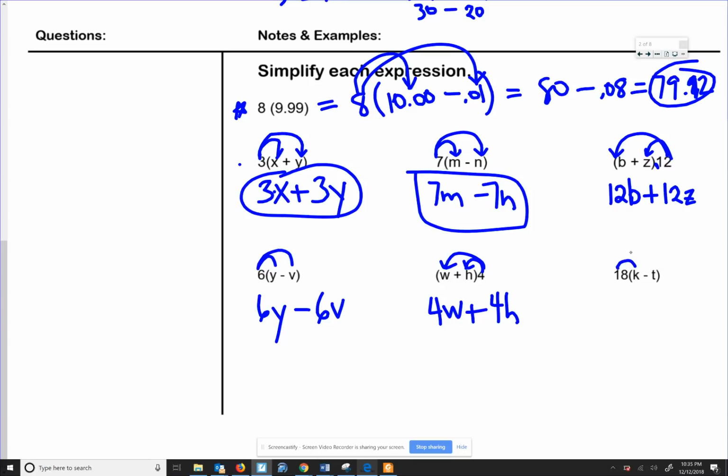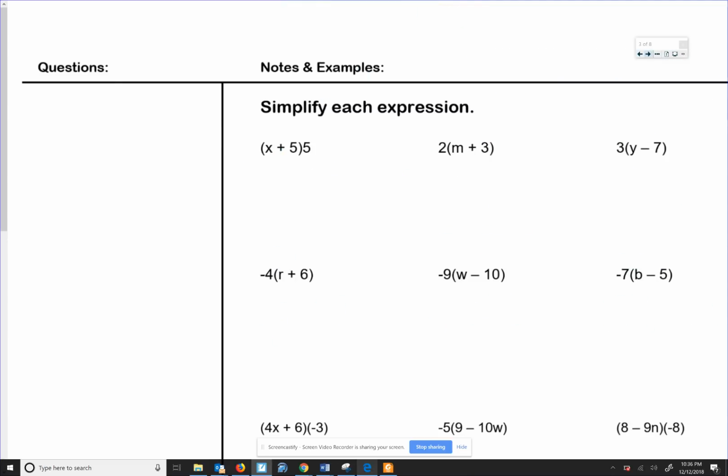Last one on this page, 18 times k. 18 times t. And this is a subtraction problem, so I'm going to put a minus sign. That's all you can do because, again, you have no values to substitute in for the variables, and the variables aren't the same. So we just have to leave those separate.